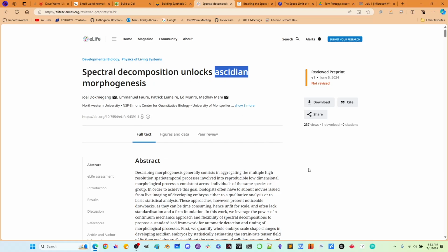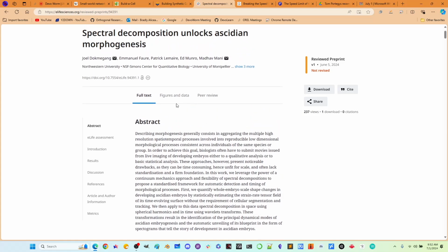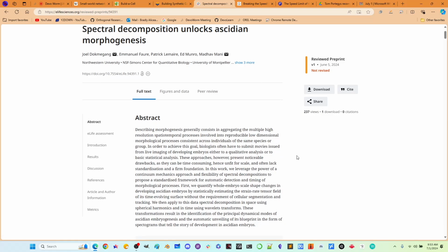So keep that in mind when I show you the images, because it just gives a little bit more context. So this group here, Patrick Lemaire and Edmund Rowe, they work on this Ascidian morphogenesis. And this community, like the C. elegans community, they have a lot of good open data sets for what they're doing. So that's good too.